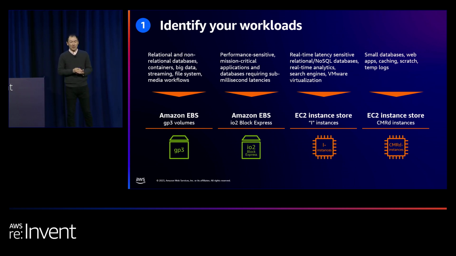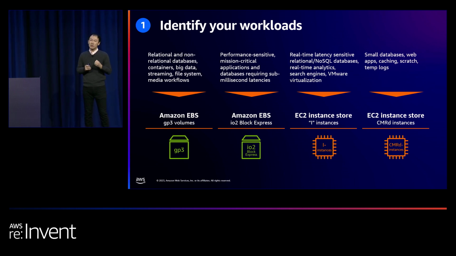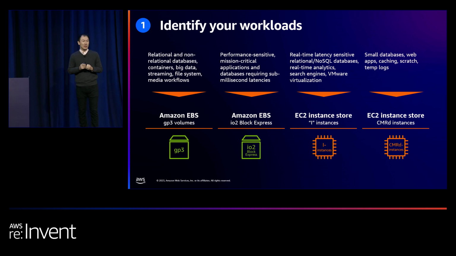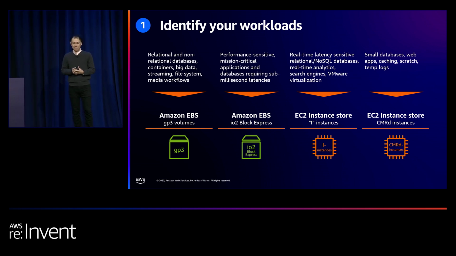And as I talked about before, when you have a mission-critical, IO-sensitive relational database or NoSQL database need, io2 Block Express could be helping. And if you have real-time analytics or real-time database needs, when your latency is so sensitive at the microsecond level, and you are running this with dense storage, go with the I family.